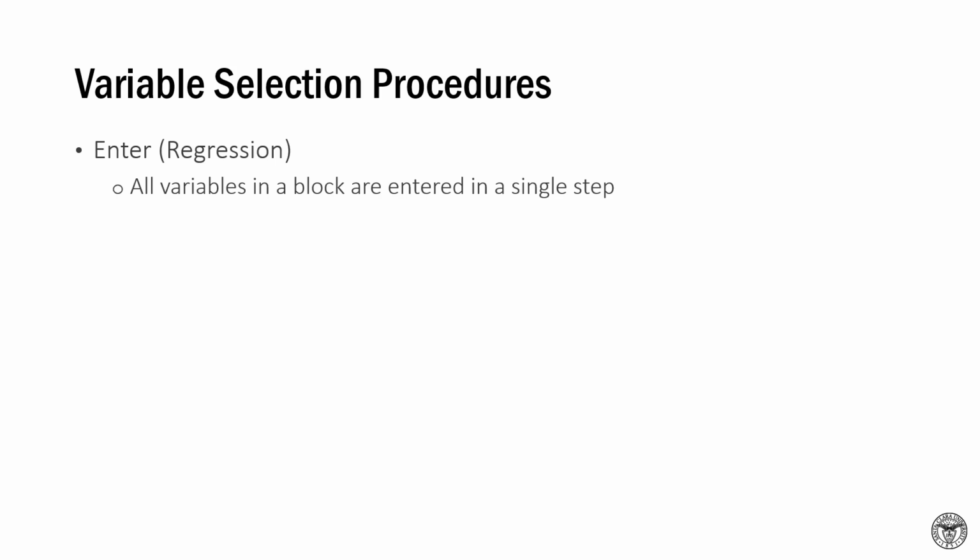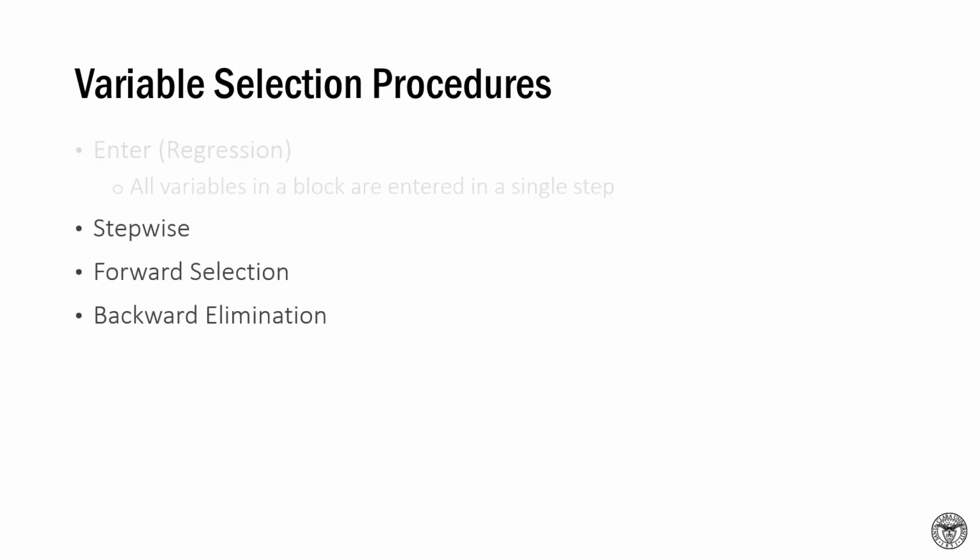Therefore, variable selection procedures are crucial for identifying the most significant independent variables of the dependent variable and improving the accuracy of the regression model.